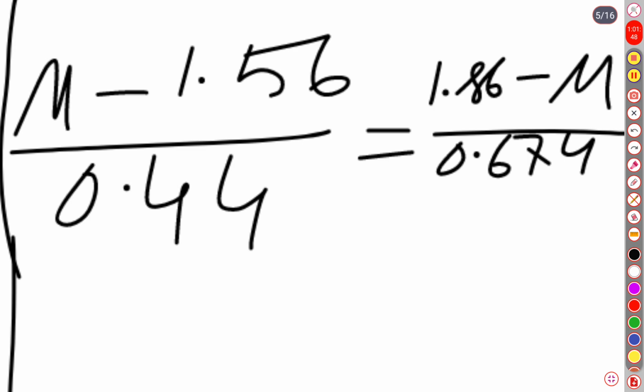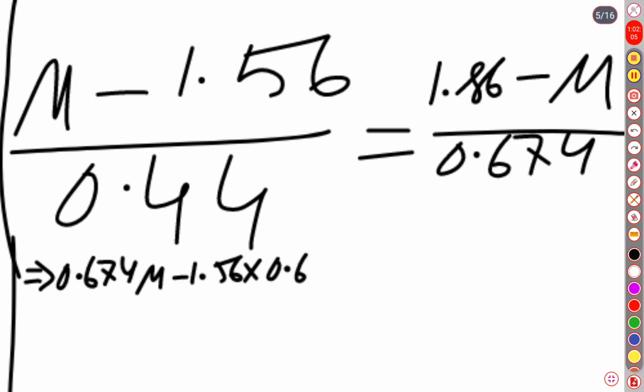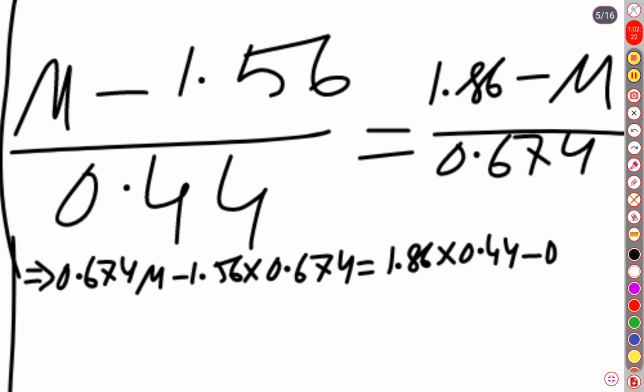So it is going to be 0.674 mu minus 1.56 into 0.674 equal to 1.86 into 0.44 minus 0.44 mu.